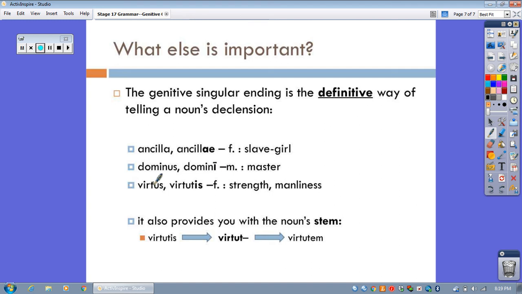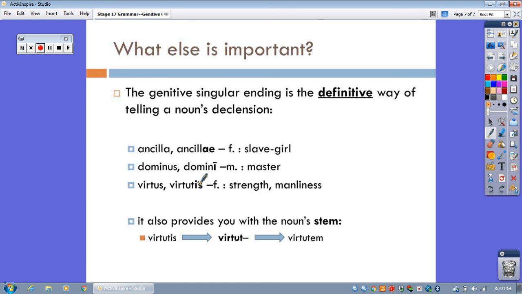Look at this third example, virtus, but then look at the genitive singular, virtutis. If you were going too fast and you just looked at the nominative singular, you might assume that virtus, just like dominus, is a second declension noun. But by looking at the genitive singular ending, you see that it's IS, and therefore this noun, virtus, virtutis, is really a third declension noun.